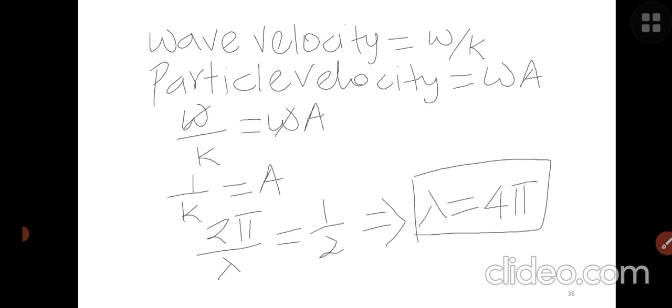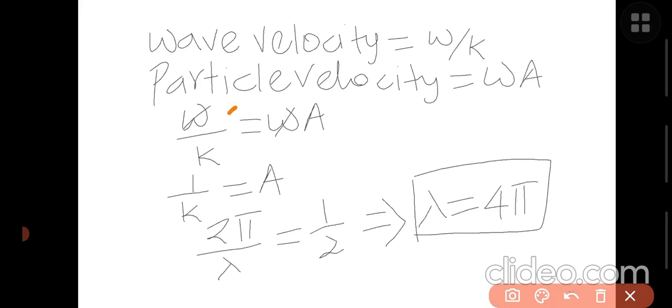Wave velocity is equal to omega by k. Particle velocity is equal to omega a. From the problem, we know that wave velocity is equal to particle velocity. Equating these two, we get omega by k equal to omega a.